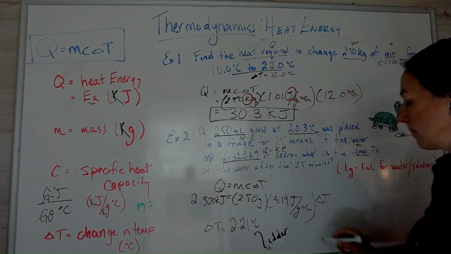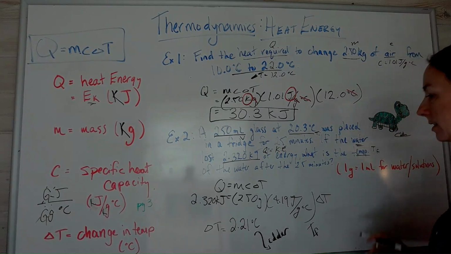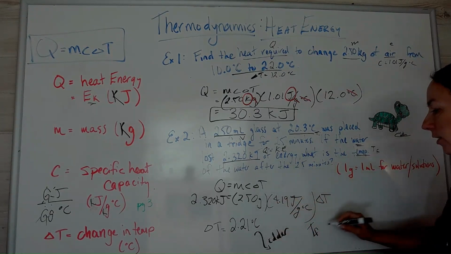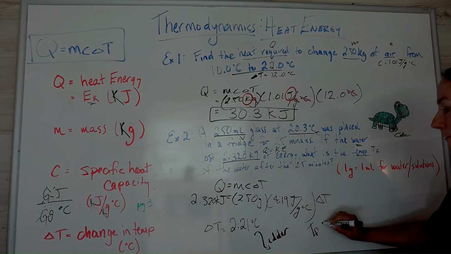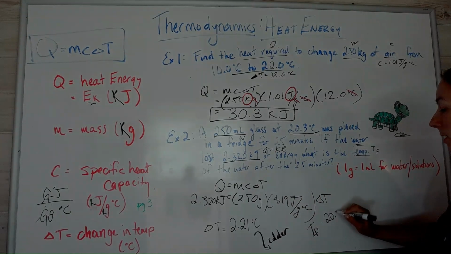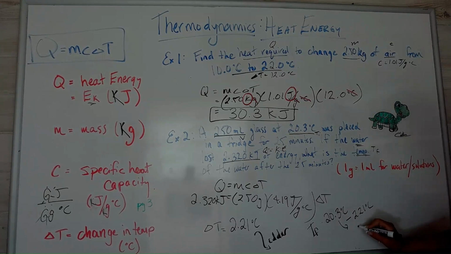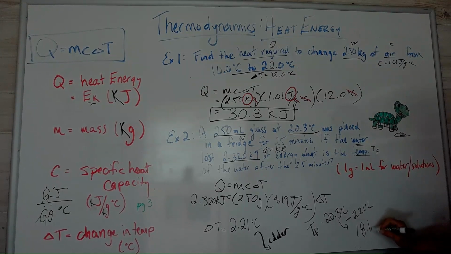So in order to find my TF, and this is much easier than doing the algebra of TF in here, I'm going to go, well, it started at 20.3 degrees Celsius. It got colder, so I'm going to subtract 2.21 degrees Celsius. And so my final temperature is then 18.1 degrees Celsius.